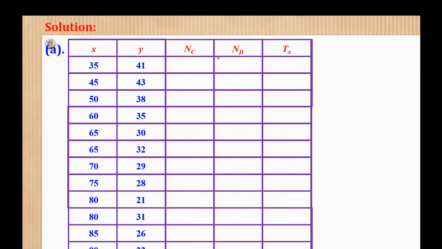So when I'm using 41 as the base, it is only this value which is greater than 41. The rest are below, so I'll count. Here I'll put 1, and here I'll put 1, 2, 3, 4, 5, 6, 7, 8, 9, 10. So here I'll put 10, like that.